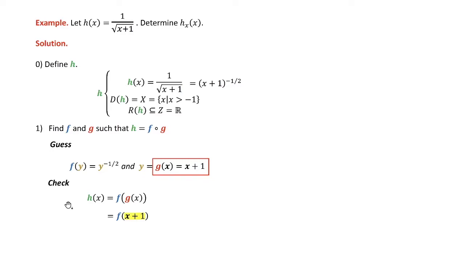G goes in what's in the box, so that's f of y. Y is just a placeholder, it's just a box. So the x plus 1 gets plugged right into that box, and that's how I get the rule. And it checks, so I'm good to go. It's a nice way to catch any dumb algebra mistake. It's just a good check on your work.